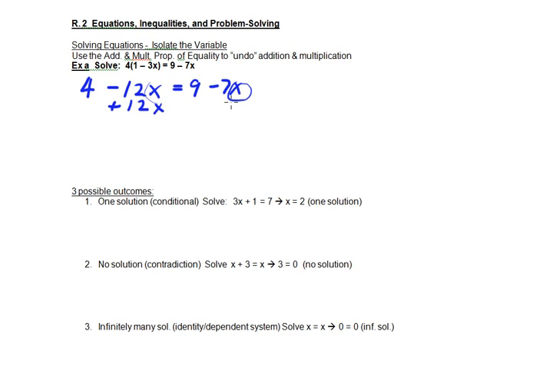And when I add 12x to both sides, what I'm going to see is the negative 7x and the positive 12x give me a positive coefficient on the x. So on the right hand side I have 9 minus, but positive 12 minus 7 gives me a positive 5x on the right. On the left, the 12x's cancel and I just have 4.